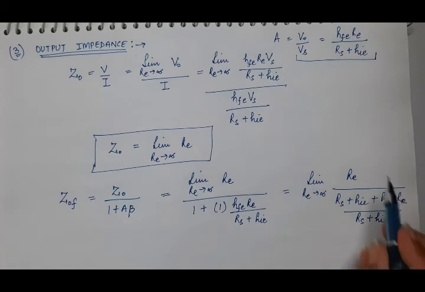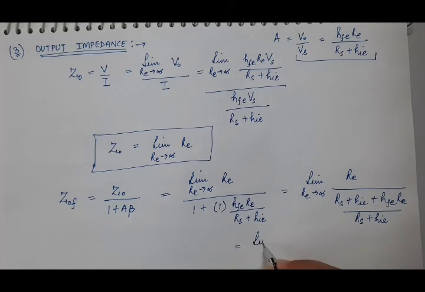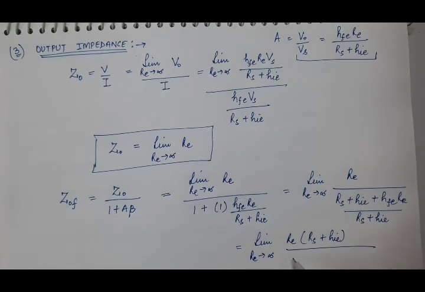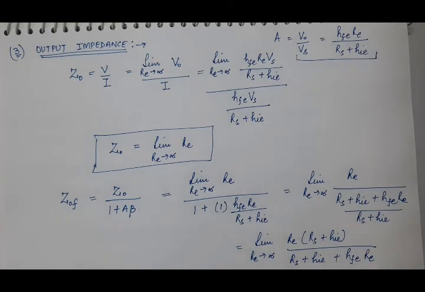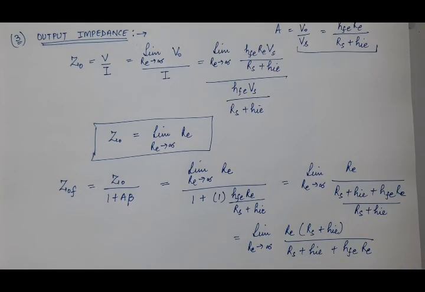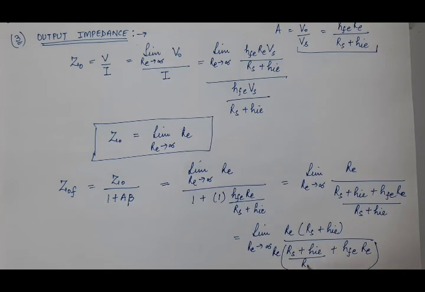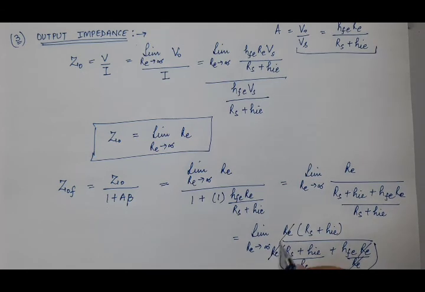Now move this to the numerator: limit RE approaches infinity, RE into Rs plus HIE divided by Rs plus HIE plus HFE RE. Now take RE common from the denominator, and then RE divided here and RE divided here, so this RE will be cancelled out.